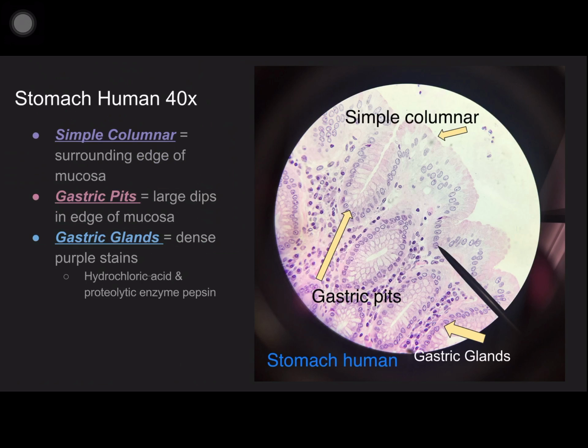So you can really see in these pictures the simple columnar epithelium surrounding the edges of the mucosa, for secretions. Then we have the gastric pits, which are large dips in the edge of the mucosa. And then we have gastric glands, dense purple stains.